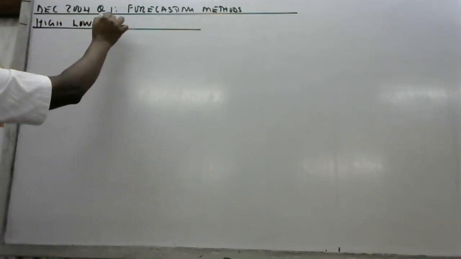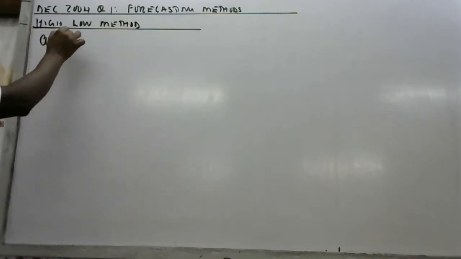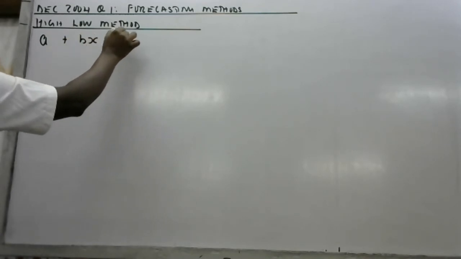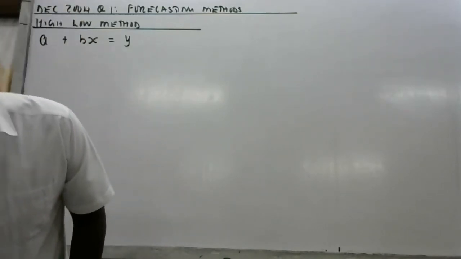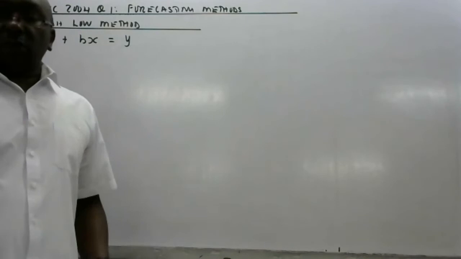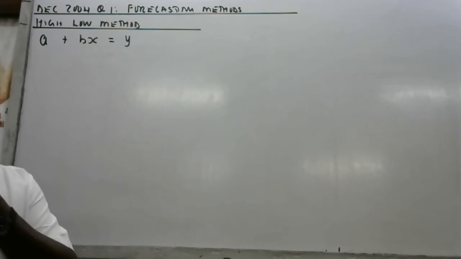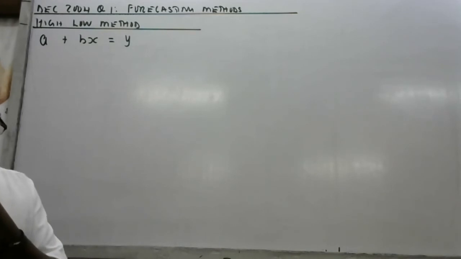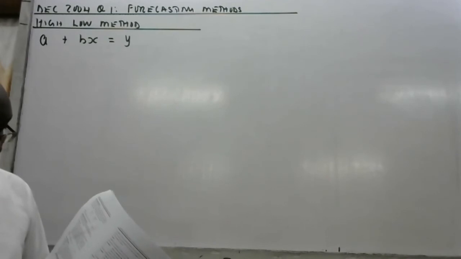Hii tulikuwa nayo jana tukasema you have a plus bx is equals to y. So this one, you go to the information that is provided in number 3. I want you to look at the units and you pick the highest number of units there.